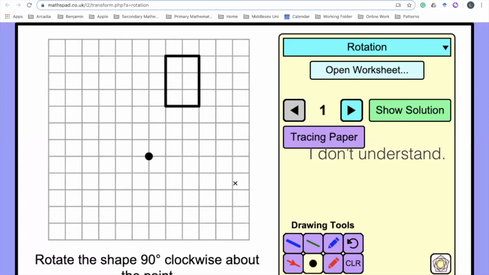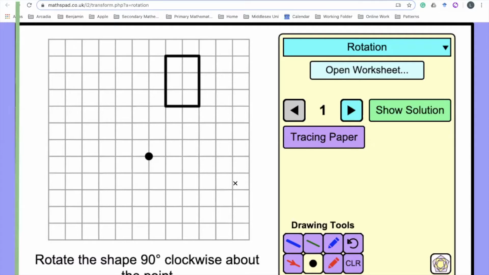Is 90 degrees clockwise the same as going anti-clockwise a certain number of degrees? Okay, so 90 degrees clockwise is the same as going 270 degrees anti-clockwise.